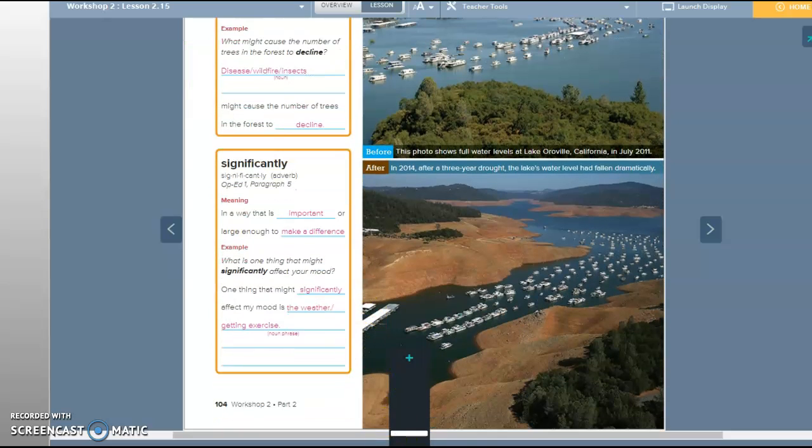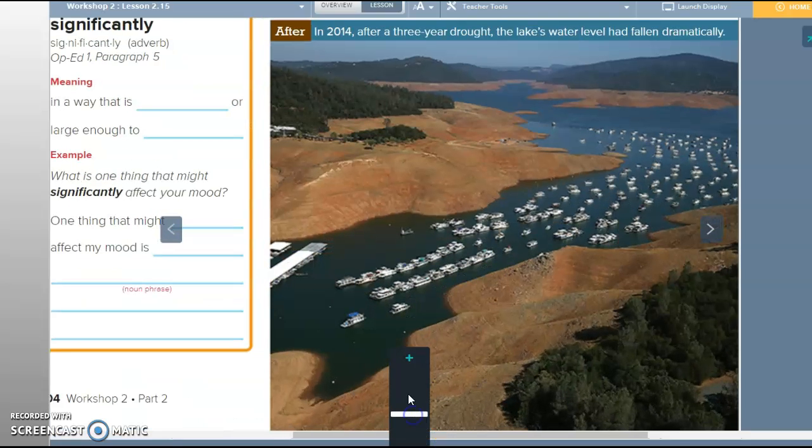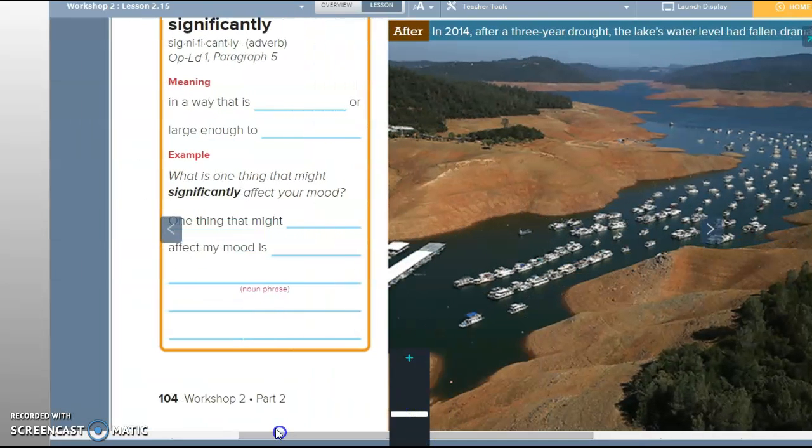Okay, next word is significantly. Significantly means in a way that is blank or large enough to blank. What is one thing that might significantly affect your mood? Let's think about that and then we'll come back to the meaning.